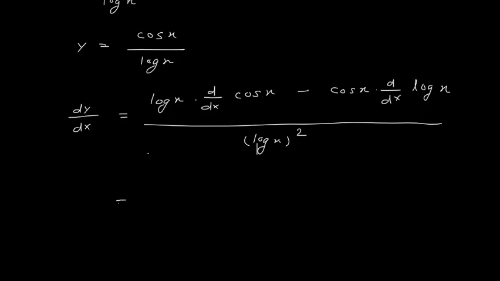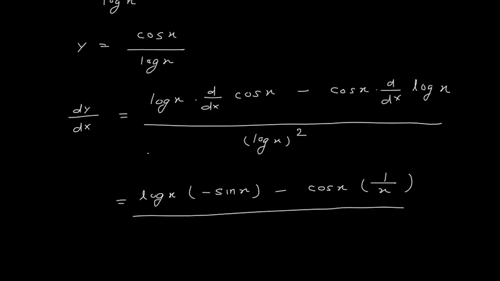So this is equals to, we have log x. Now derivative of cos x is minus sin x, minus cos x, and derivative of log x is 1 upon x, and whole divided by log x the whole square.